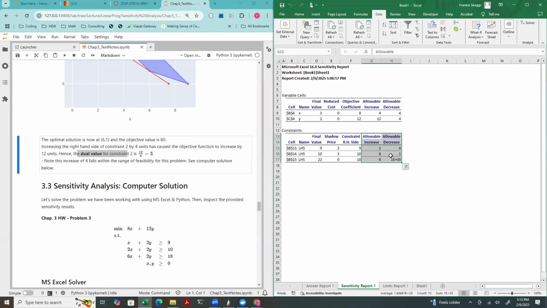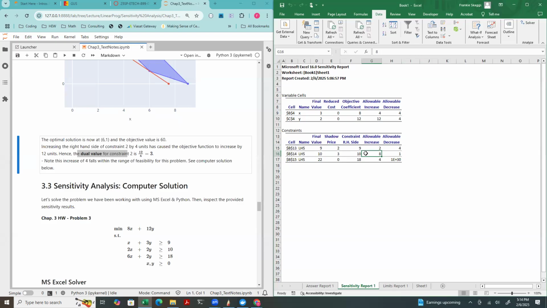And so what I'm seeing there is, okay, for that second constraint, I would expect the result of the objective function to decrease by 3 if I can change this 10 here to a 9. But notice I can only make that extrapolation down by 1 count because I've got an allowable decrease of 1 here. I can go the other way and increase by up to 8.